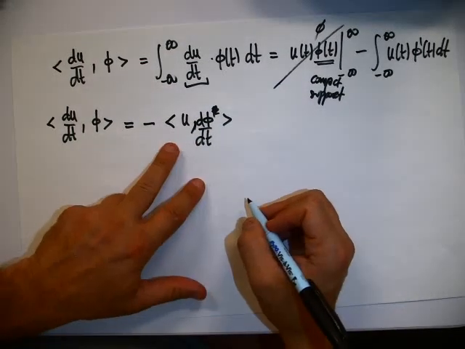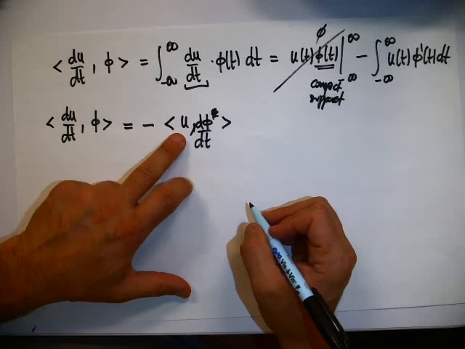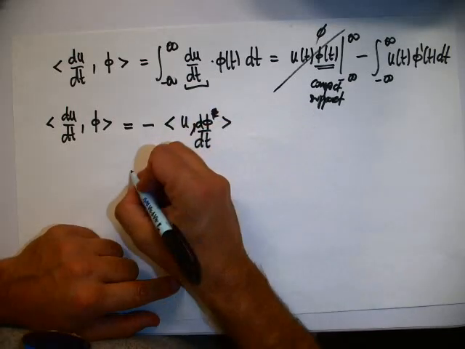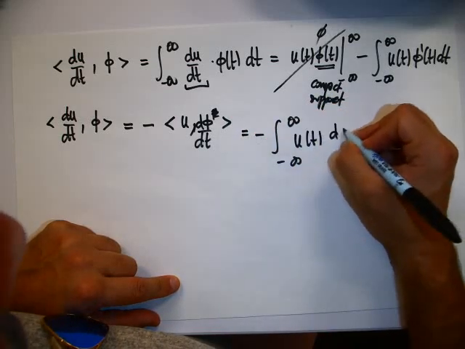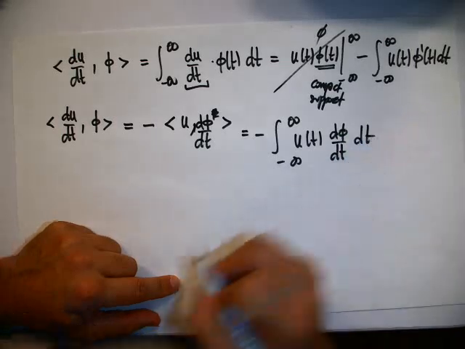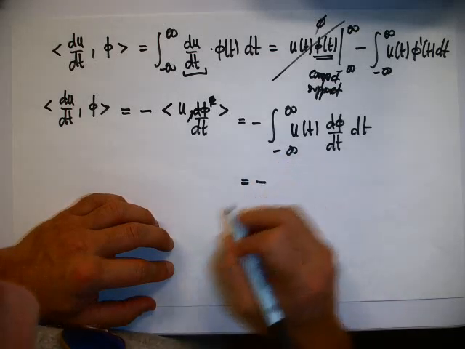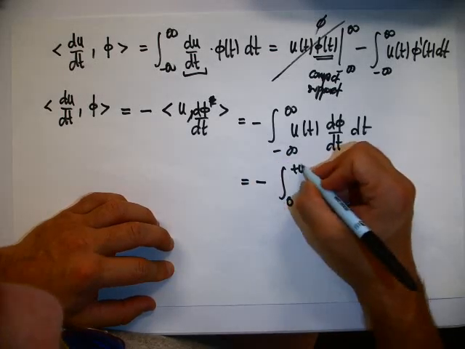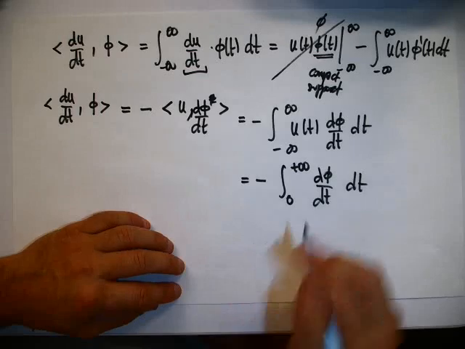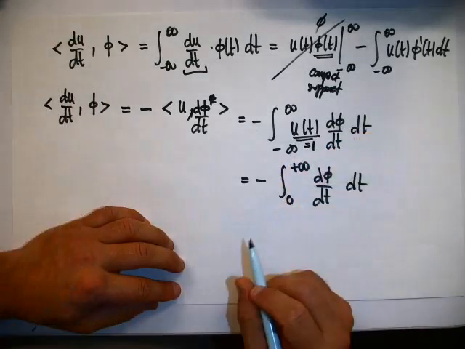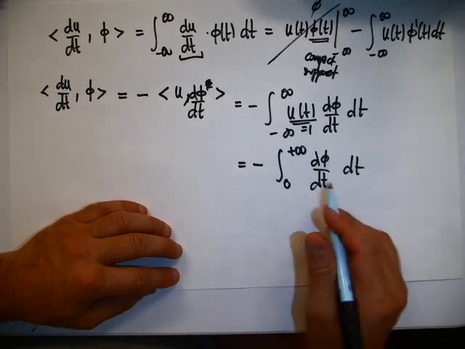But now we know what is the action of the regular distribution of u on the test function, because this is equal to minus the integral between minus infinity and infinity of u(t) phi'(t) dt. And this is equal to minus the integral between 0 and infinity of phi'(t) dt, right? Because we know that u is equal to 1 only between 0 and infinity. But now I can solve this integral very easily.